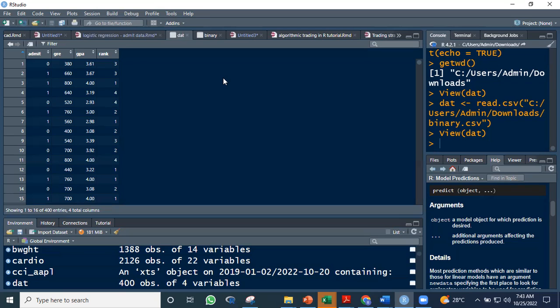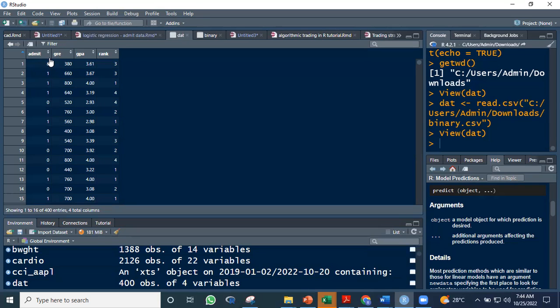So the objective here is to predict if a particular applicant with a given GRE level, GPA from his former school, and the rank of the school will be accepted or not into the program in this university. Rank 1 means higher, good rank. So this is 1, 2, 3, 4, with rank 4 being the lowest. So this university ranked the school where the student came from.